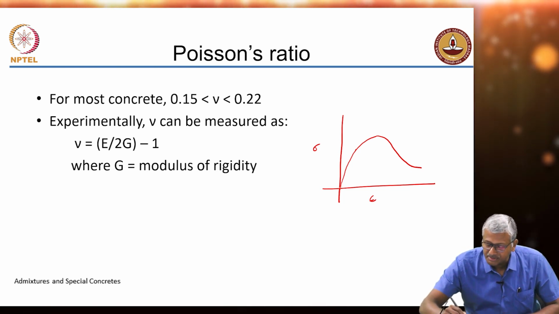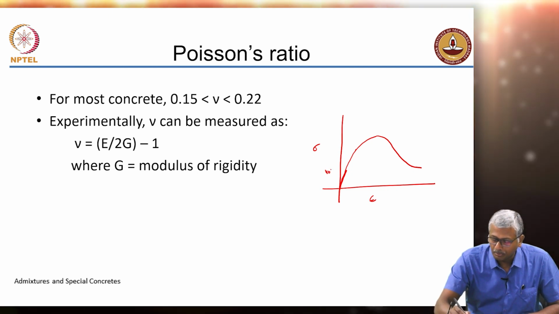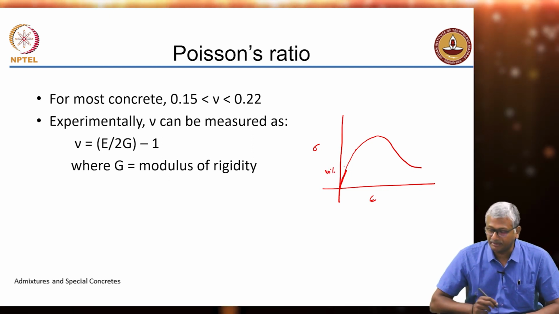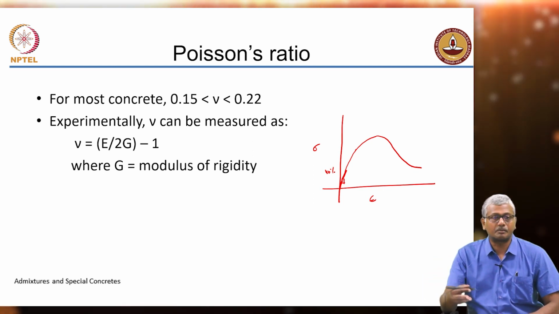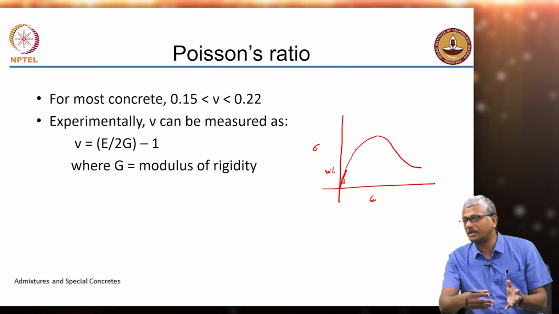So, what we do is we take the initial about 40% of the load or 40% of the peak stress and define our modulus and all our other constitutive properties like Poisson's ratio within this loading area.